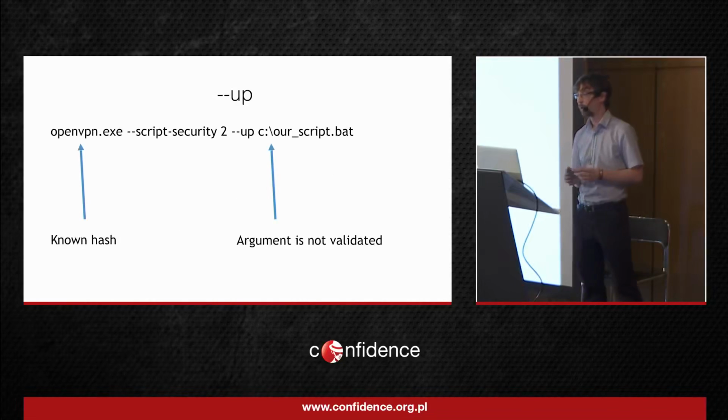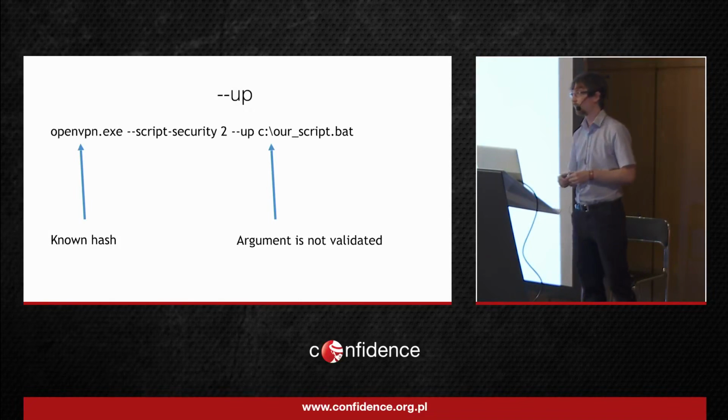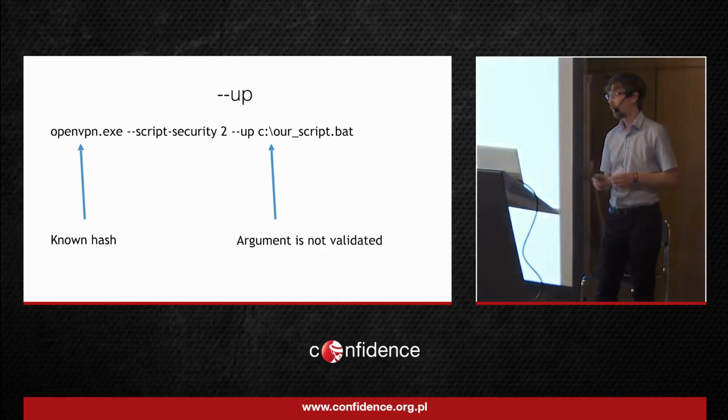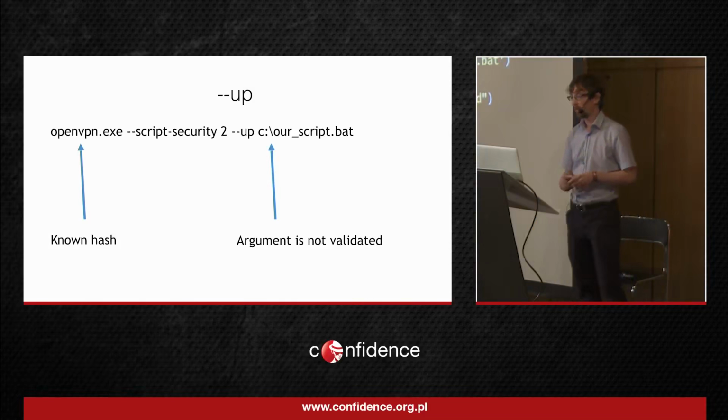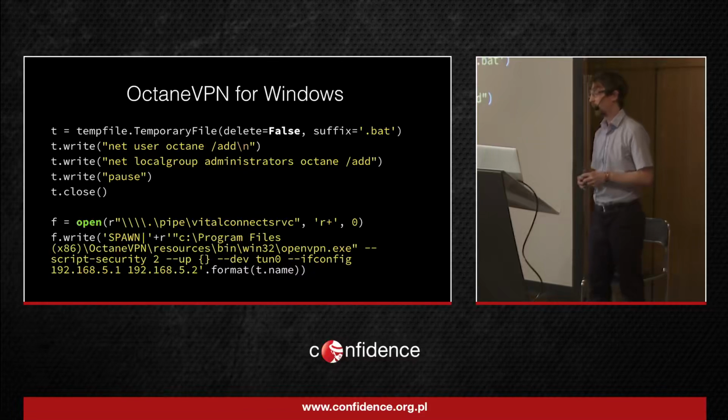I cannot modify the OpenVPN exe because they are calculating the MD5 hash, but I can modify the command which is passed to this binary. So the final exploitation looks like this. As you can see here, I am not passing the path to the bat file directly, but I am passing this path inside the up command.